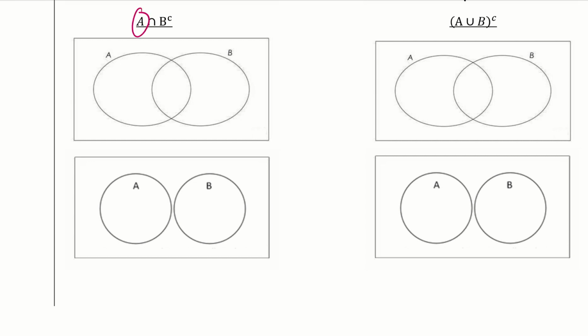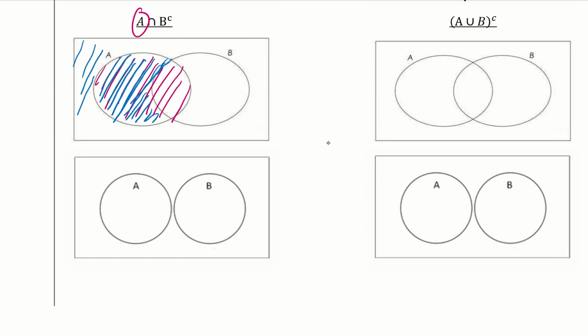A is everything in A, and B is, and I wouldn't shade anything just yet because we're going to give you the final answer. And B complement is everything that is not in B, right? So that means you can't shade where they overlap. You can shade everything not in B, which is on the outside.